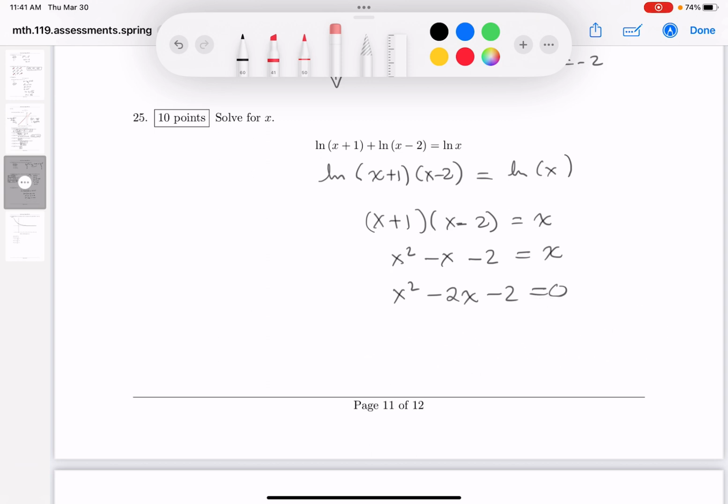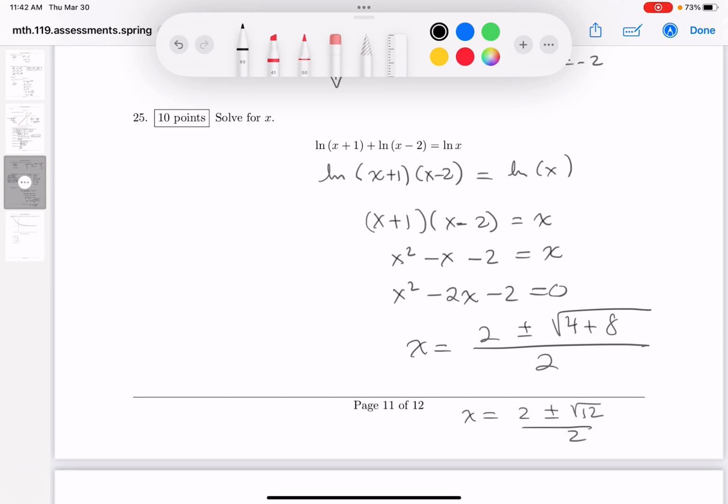So x equals 2 plus or minus the square root. Well, it's going to be 4 minus, let's see, 4 times a, which is 1, times c, which is minus 2. So it's going to be, let's see, 8. All right, I got this done. Let's keep going. What do you get over here? 2 plus or minus the root of 12 over 2.